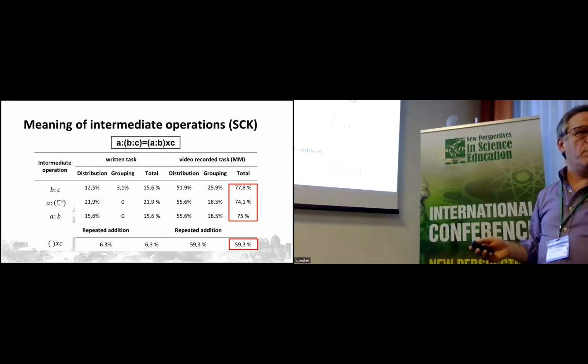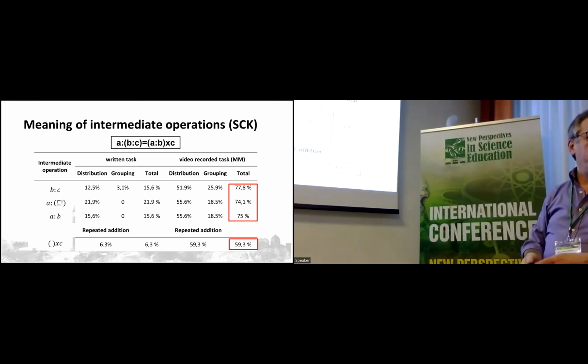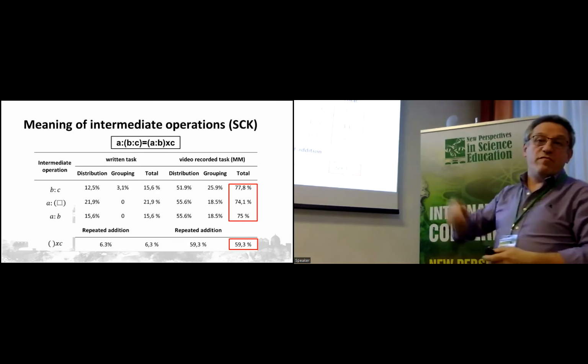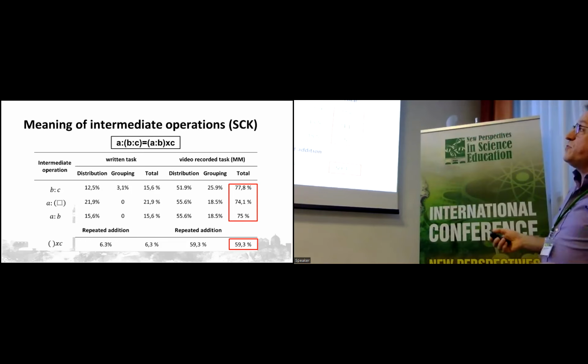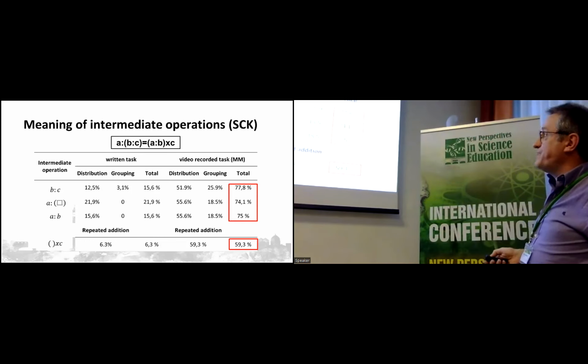When we are dividing numbers, even I can paint dots. We are dividing 20 divided by 5, so I paint 20 dots, I paint 5 dots, and as a result, I paint 4 dots, and that's it. So that was the most common thing in the written task.